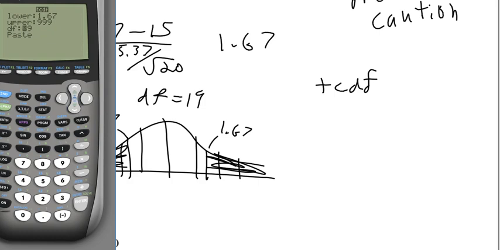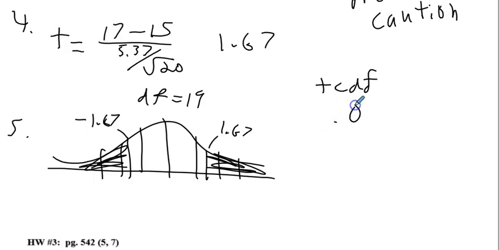And my df is 19 this time. And I hit enter a few times. And I get 0.0557 when I round. But that is just that area right there.